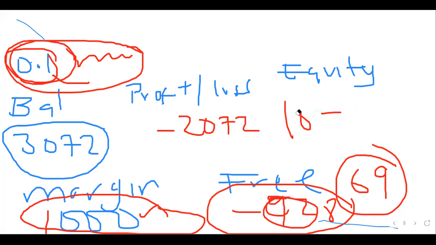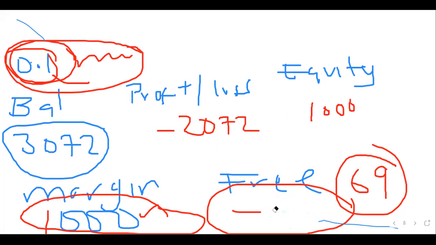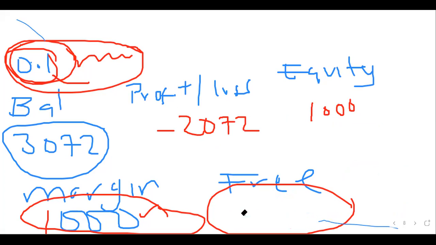Then you have this 100. At this point, what is your free margin? I think it's zero. At that point, you're at margin call. Zero. Yeah, that is margin call.